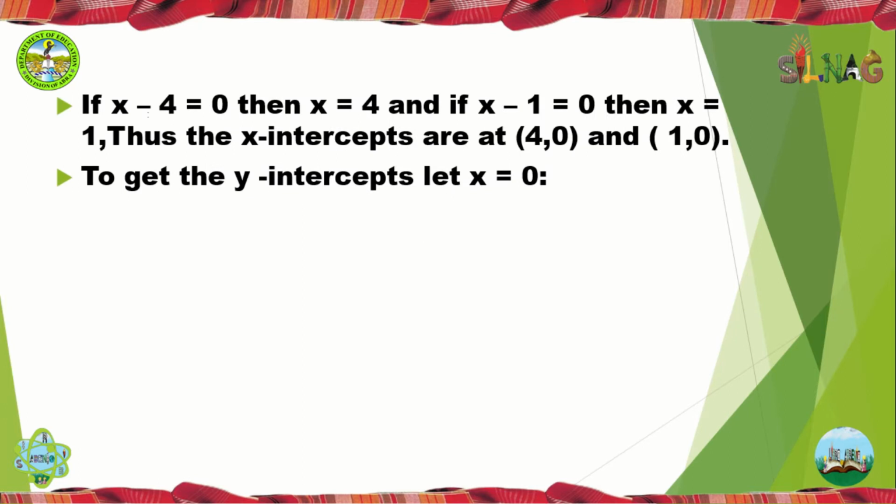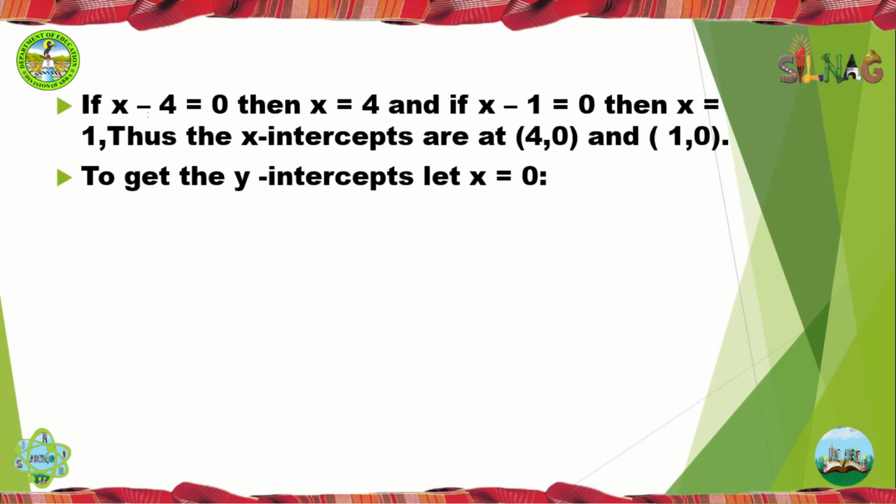If x minus 4 is equal to 0, then x is equal to 4. And if x minus 1 is equal to 0, then x is equal to 1. Thus, the x-intercepts are at 4, 0 and 1, 0.